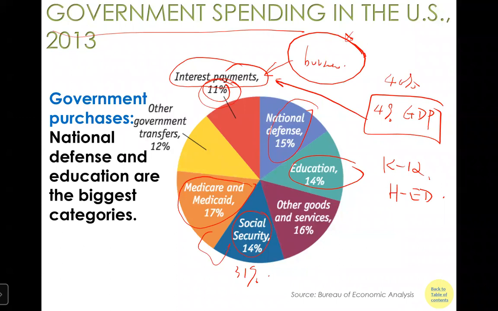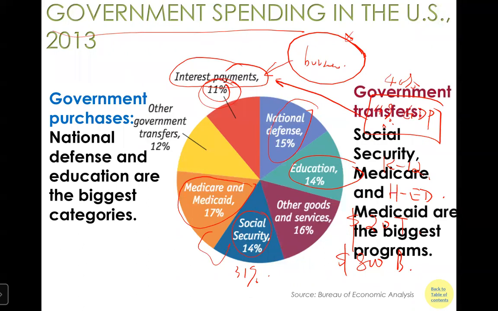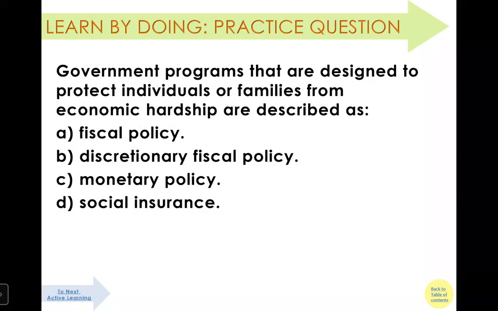If you want to find the exact number, the total GDP is 20 trillion, multiplied by 4%. That means every year the US government spends about 800 billion on the debt they borrowed. This is not a trivial amount. So let's look at these quick questions.